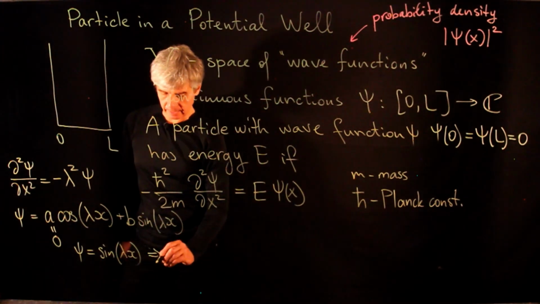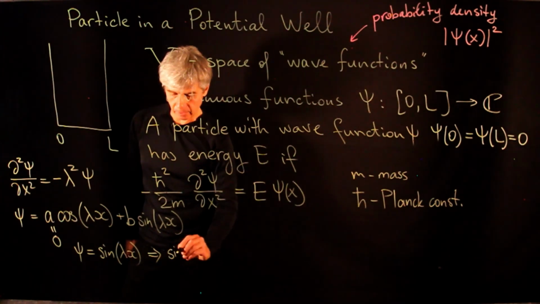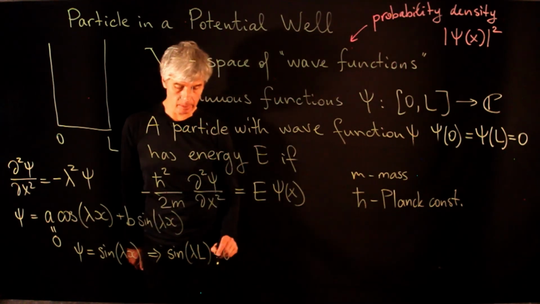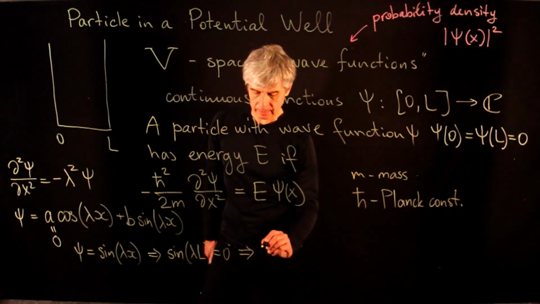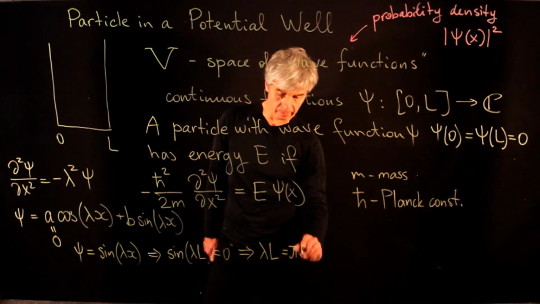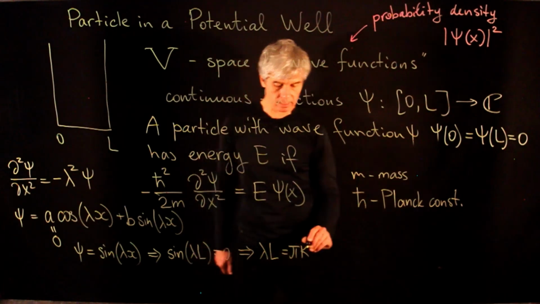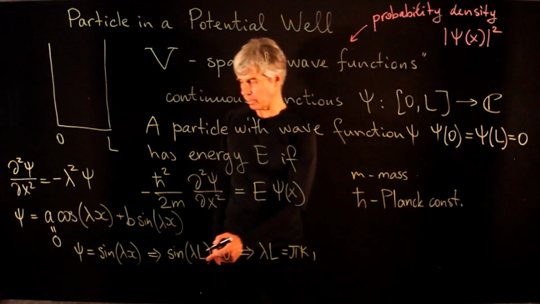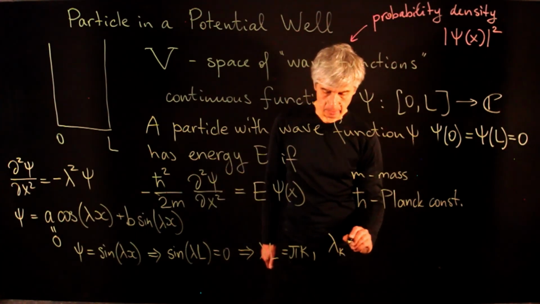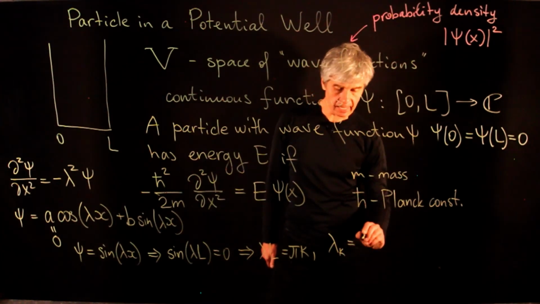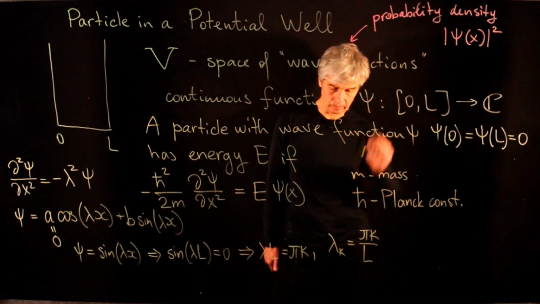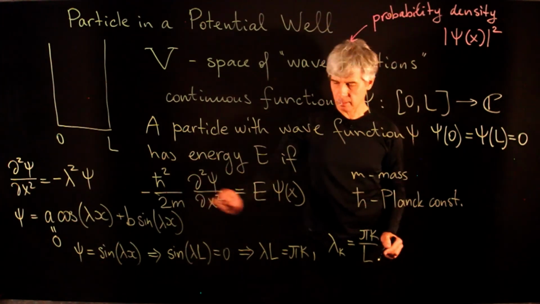This tells us that sine of lambda L must be equal to 0, so lambda L must be a multiple of pi. This gives us a family of solutions, where lambda k is equal to pi k over L.